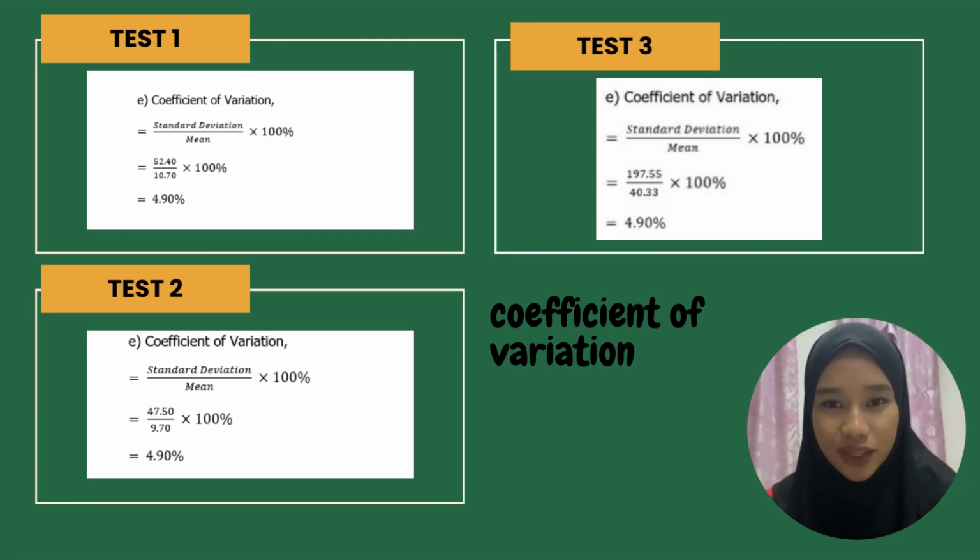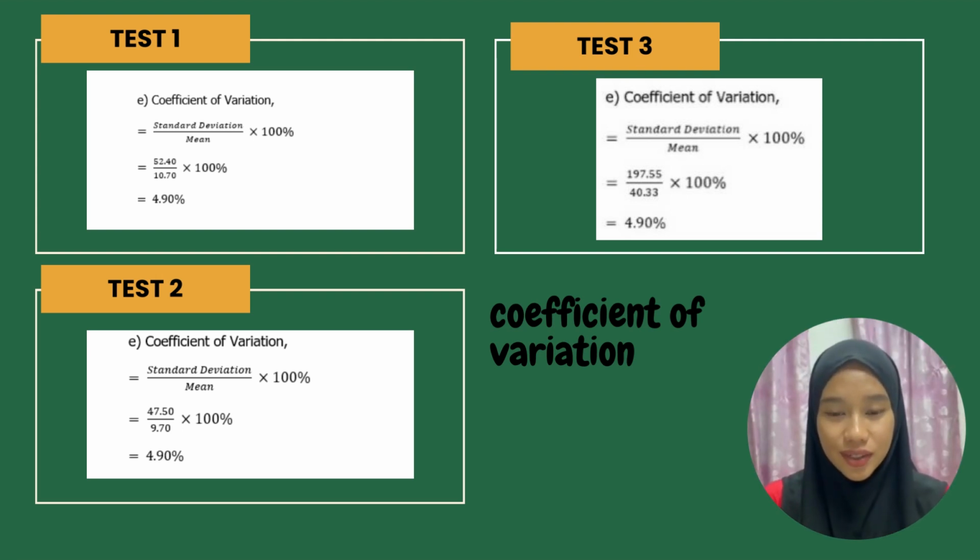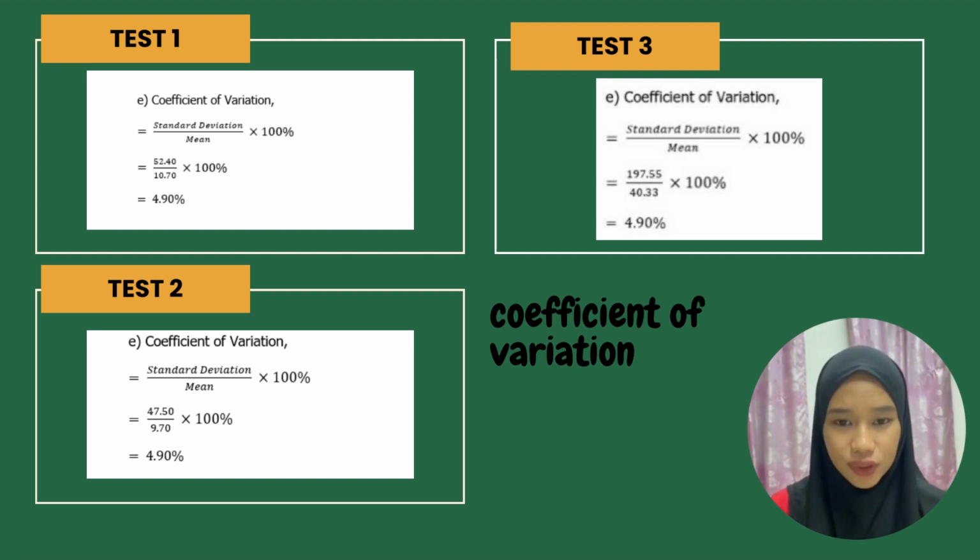Next, I am going to explain the coefficient of variation for task 1. Coefficient of variation is used to compare the variability between two or more series with different values of mean. How to find COV? First, the standard deviation must be divided by the mean and the answer must be multiplied by 100%. The answer for coefficient of variation for task 1 is 4.90%.